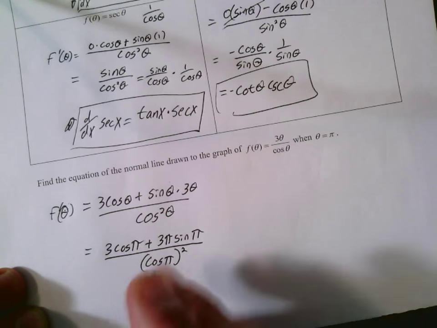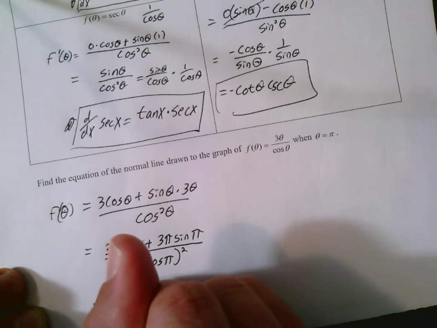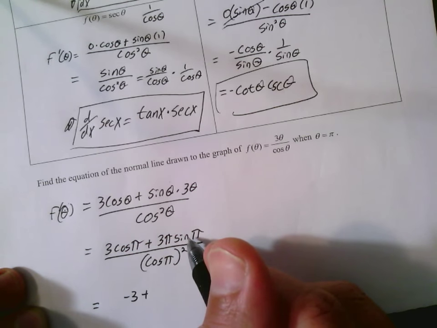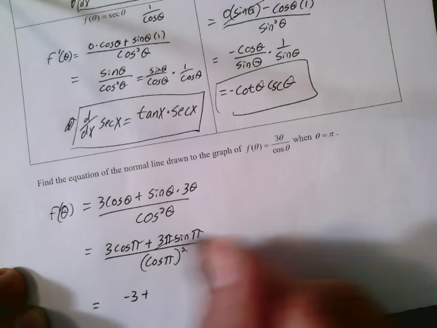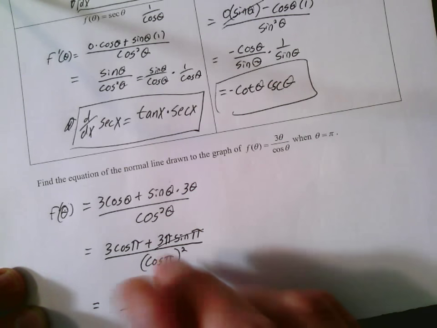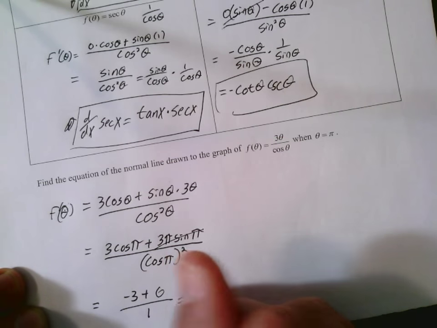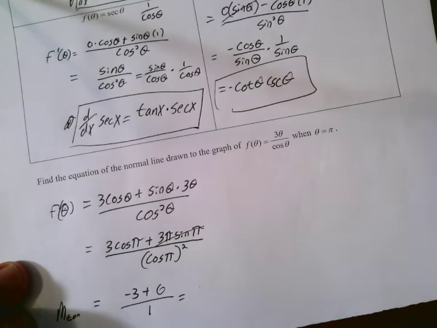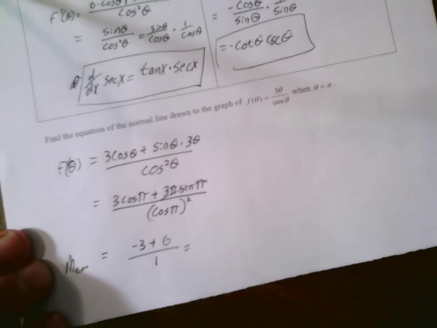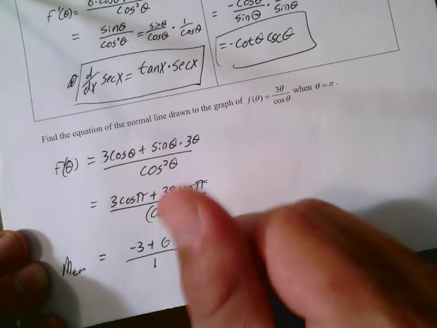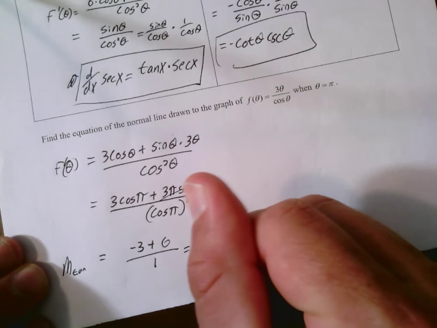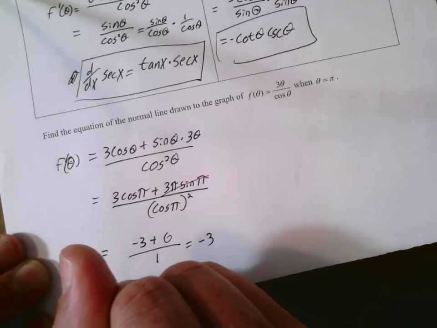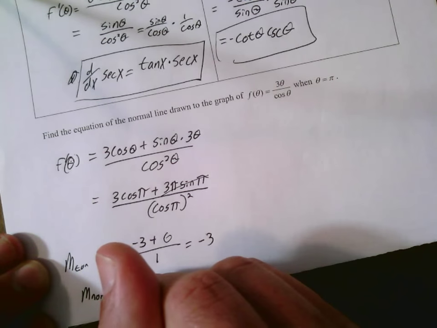Cosine of pi is -1, so I get -3, plus sine of pi is 0, so that goes away. Cosine of pi is -1, so my slope of my tangent line is -3 plus 0, which is -3. So my slope of my normal line is 1/3.